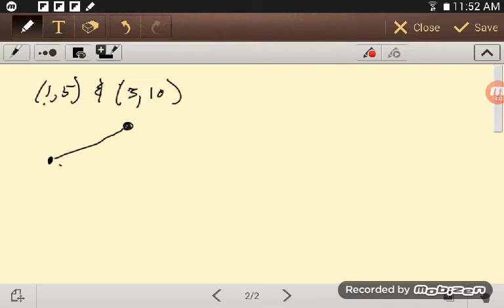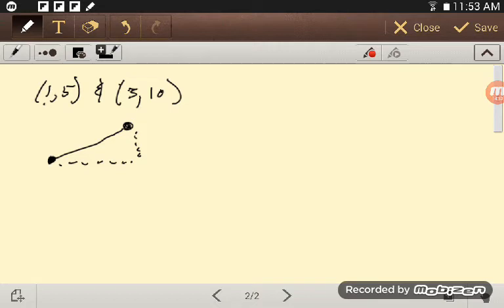So, we're going to do something in the x direction and something in the y direction. And you can look at this as a whole point or something like that. So I could take my 2 points and say something like, okay, and what's neat is I can decide which one I'm going to start and stop at. Say I'm going to start at 1, 5 and stop at 3, 10.